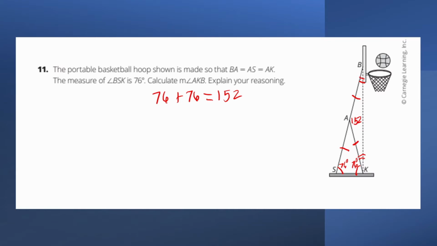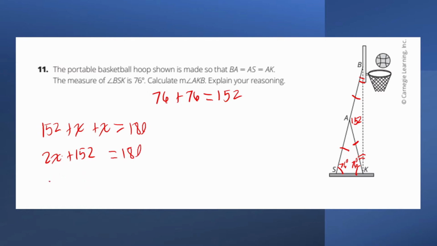Now, we could figure out the rest of this. Why? Because these two angles have to equal the same thing. So what we could technically say is 152 plus x equals 180, which is the whole entire triangle here. So then what we could do, finally, is say that 2x plus 152 equals 180.